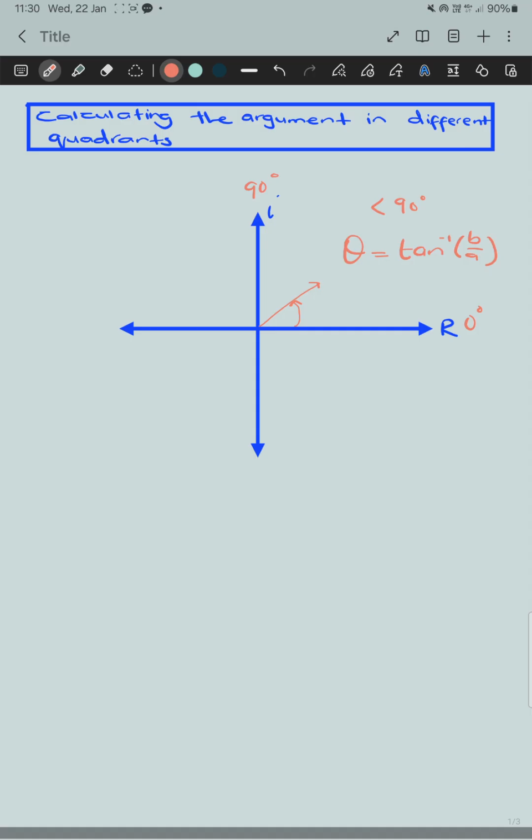But now when we go to quadrant number 2, if this is 90, I have here 180 degrees. If now I am in quadrant 2, then I draw my point. I draw my complex number like this.